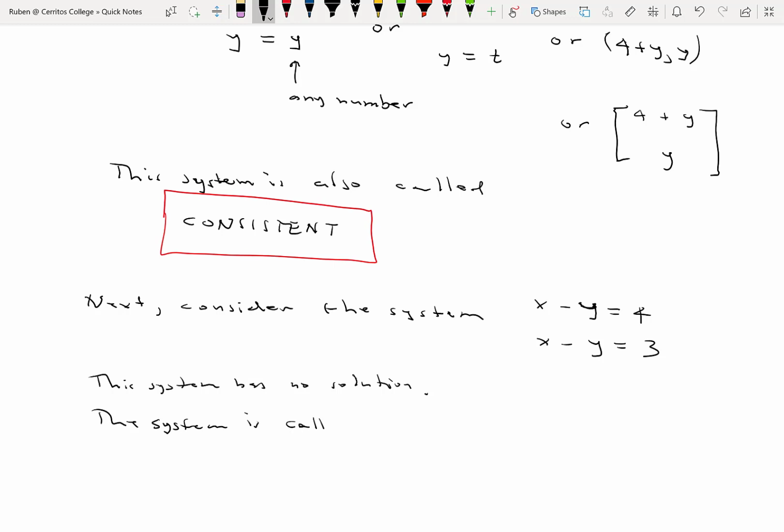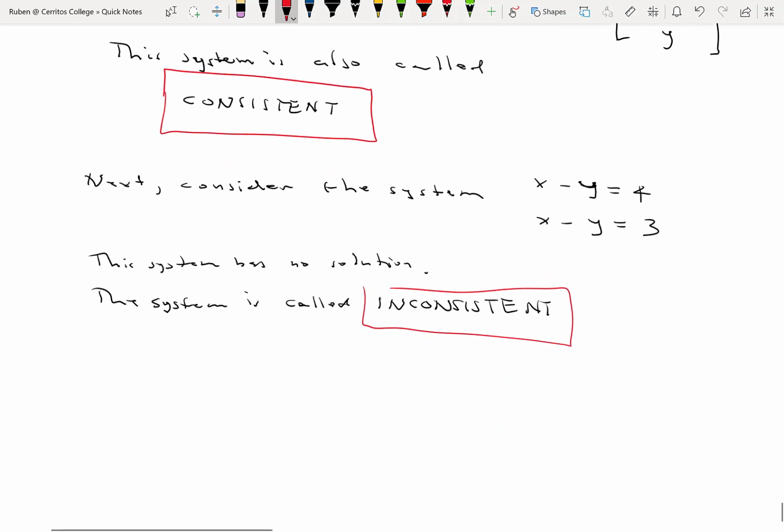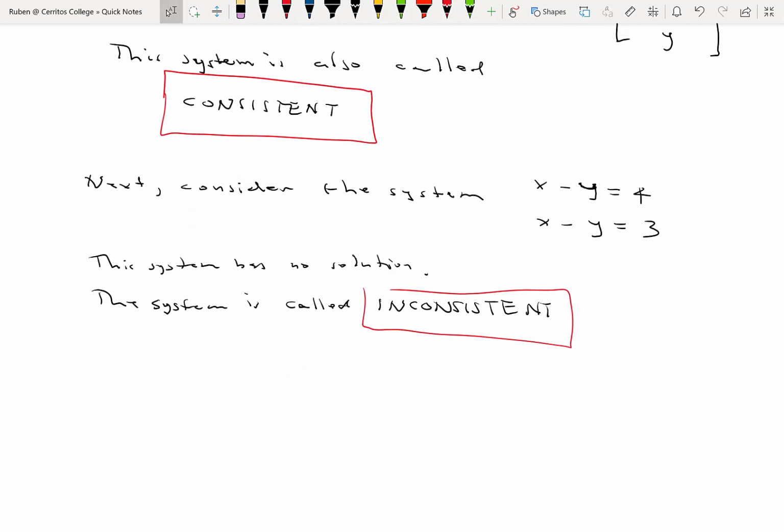Okay, that's a lot of example just to get 2 words, but they're important words. So it's called inconsistent. So inconsistent systems have no solution. Okay, and those are the 2 words for the moment.